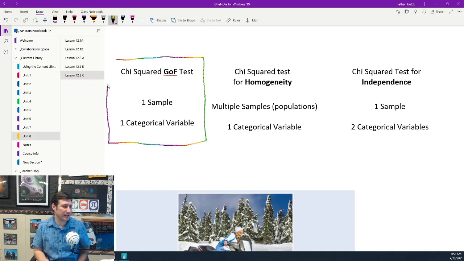This is a one-way table, and you're seeing, does your data fit the null hypothesis, which is either a uniform distribution or a distribution that's been told to you somehow. So that one is probably not going to get confused with the others, because if you have one sample and one categorical variable, you can't run the other one. You don't have enough information, so you probably can't mess that one up as easily.